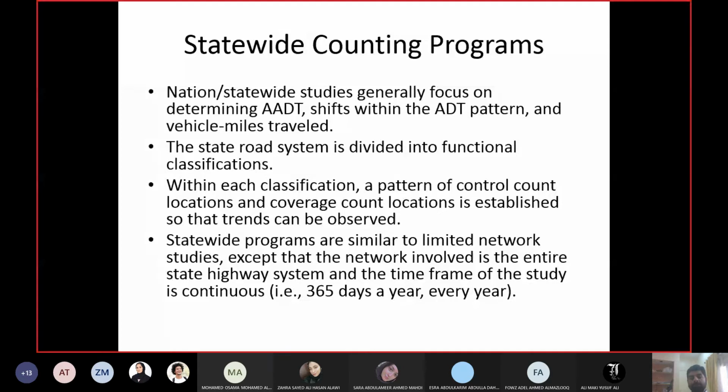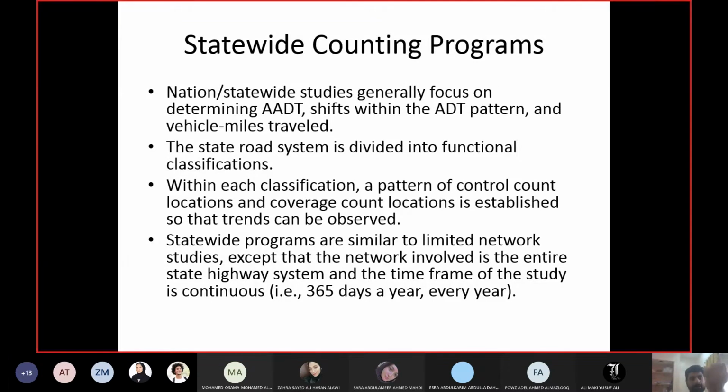So statewide counting programs are done repetitively each year. Your work is never finished. You do it for the whole year and then you start again from the next year. Each year you will have a different set of data and you have to keep on doing it because it is your responsibility to look after the highways for the whole time period, right?